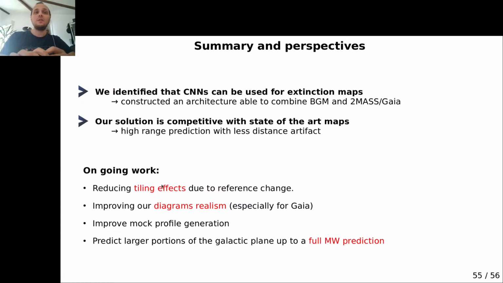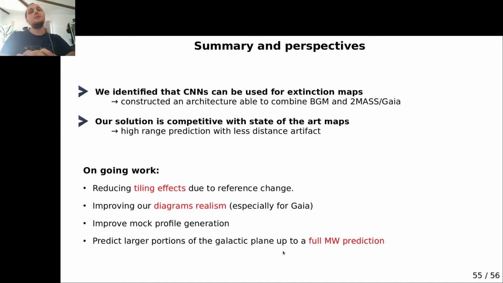And actually, we are working on reducing the tiling effect you have observed to improve our diagram realism, especially for Gaia, but as well for 2MASS. And we want to try new profile generation in order to improve the realisticness of our training profiles.